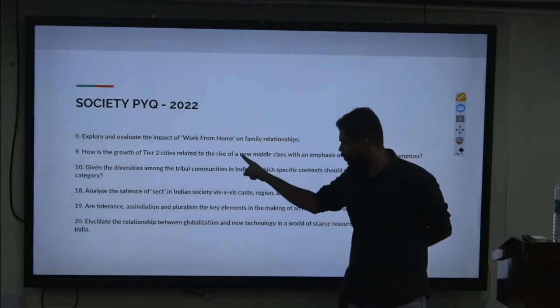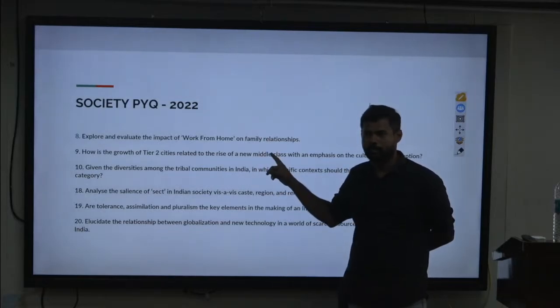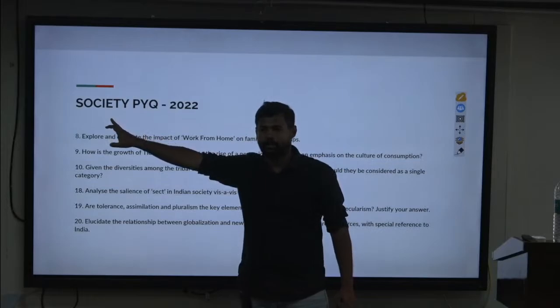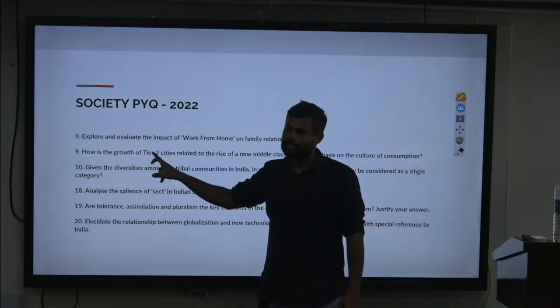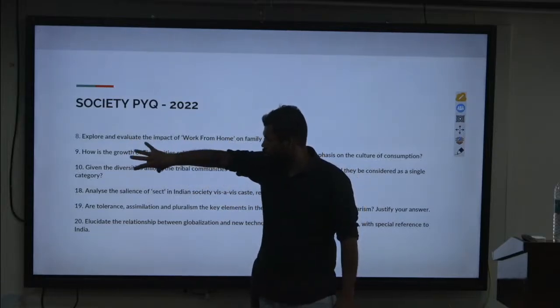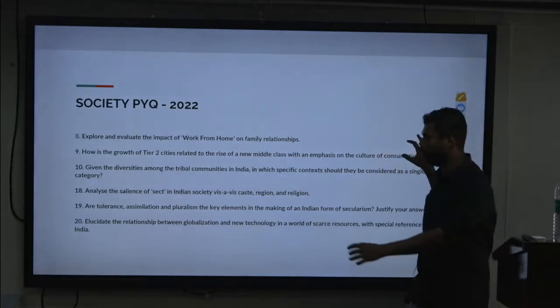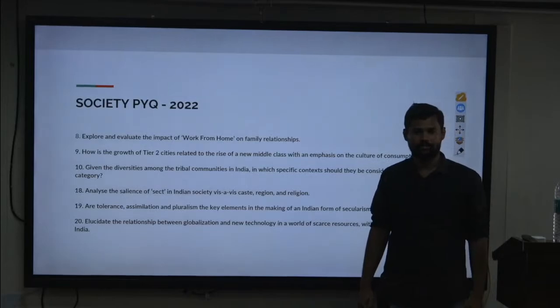Your answer should revolve around the new middle class. You should realize which part you are answering. If you talk more about tier 2, it will look like GS3. I am not telling you not to use tier 2, and I am not telling you not to use culture of consumption. But both of these should culminate towards the new middle class.